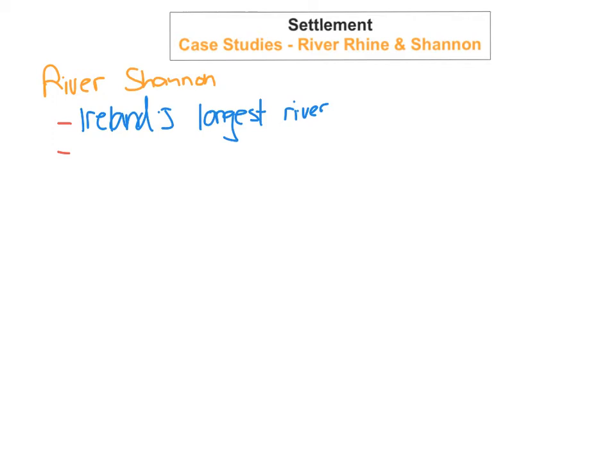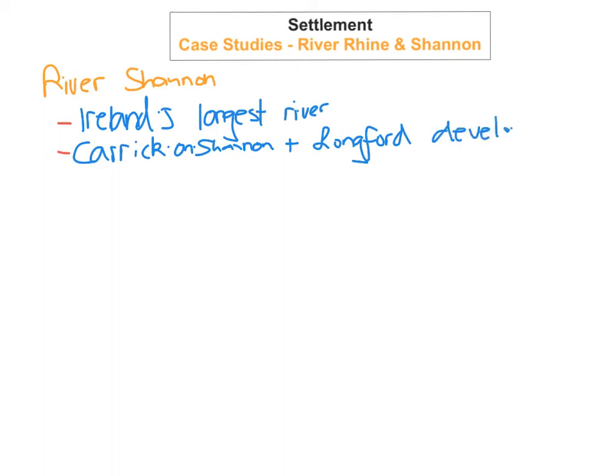Two towns that have developed along here as market towns would be Carrick on Shannon, and the second one would be Longford. They developed as market towns, so their main function was to be a market town.